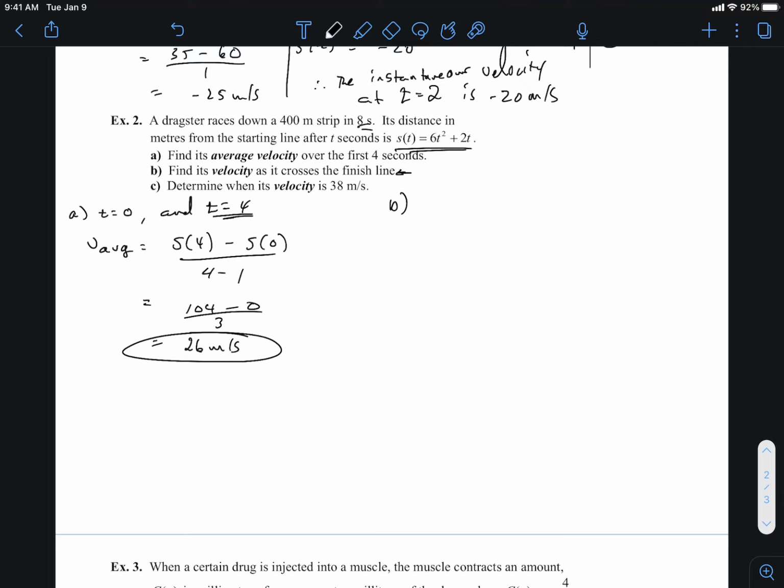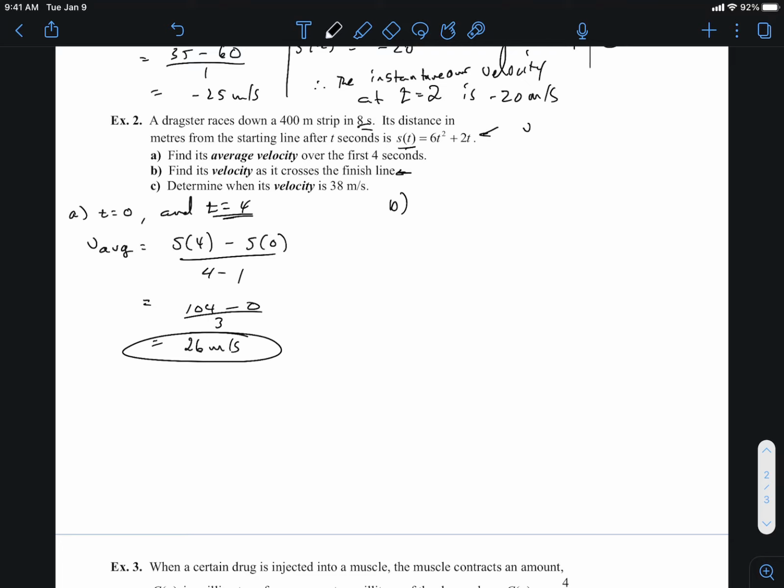slope of the tangent at that particular time, right? 8 seconds. So I have a position relative to time graph, and we know that the slope of the tangent of this would represent the velocity or speed at whatever particular time that we're interested in, right?